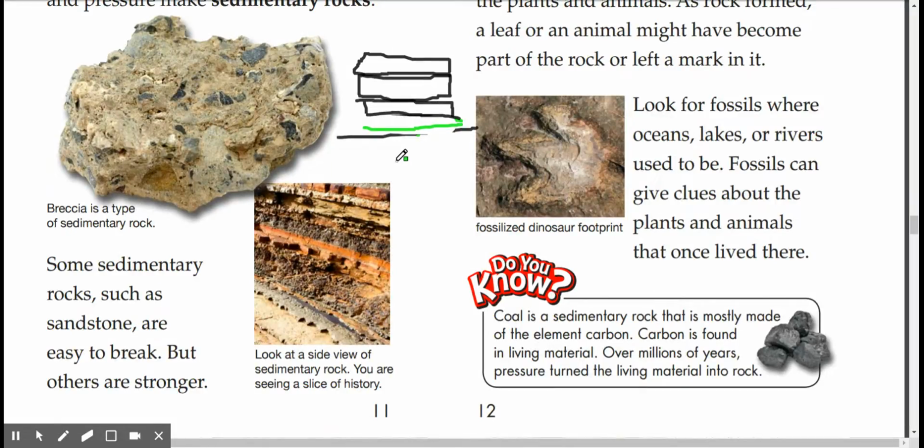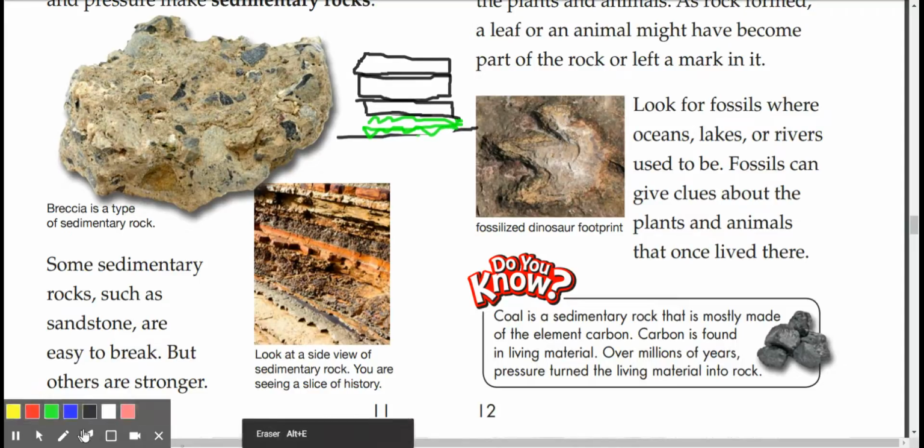Now imagine, so we know that pressure can change things. The pressure of the books squishing down on that paper can make it flatter. Now imagine you had two pieces of paper that were crumpled, and you put glue between the two of them. Now, if you just sit them on top of each other, nothing's going to happen, right?